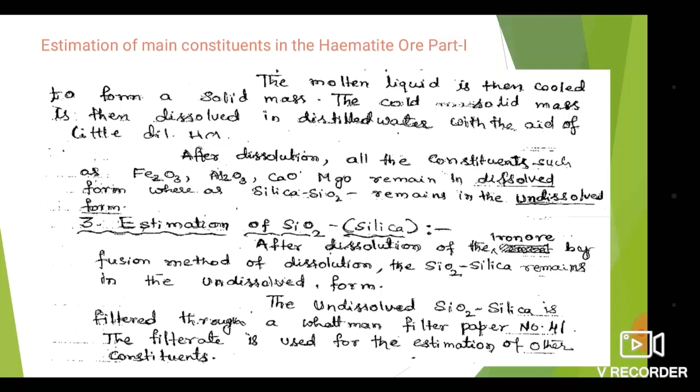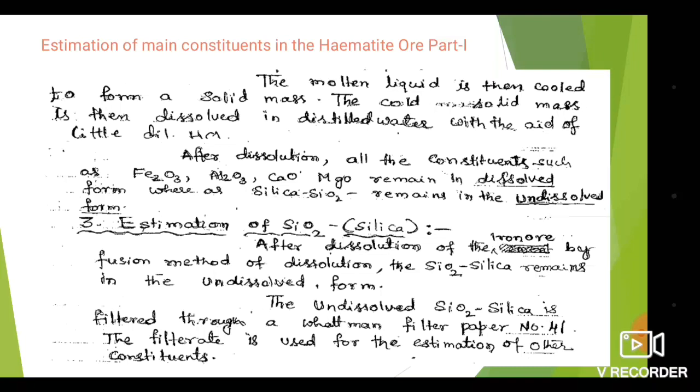Then the cold solid mass is dissolved in distilled water with the aid of a little diluted HCl, because the metal does not dissolve easily in simple water. So we dissolve this solid mass in the diluted HCl.